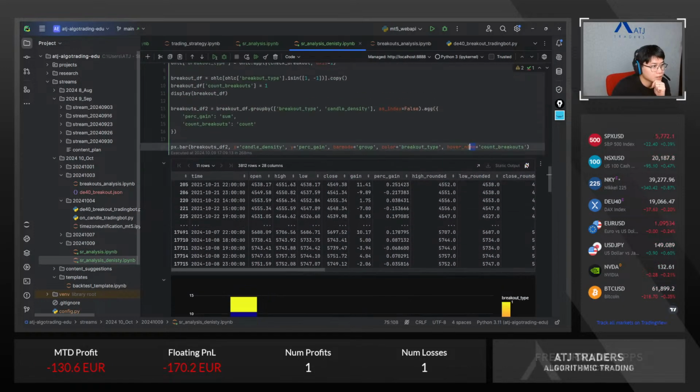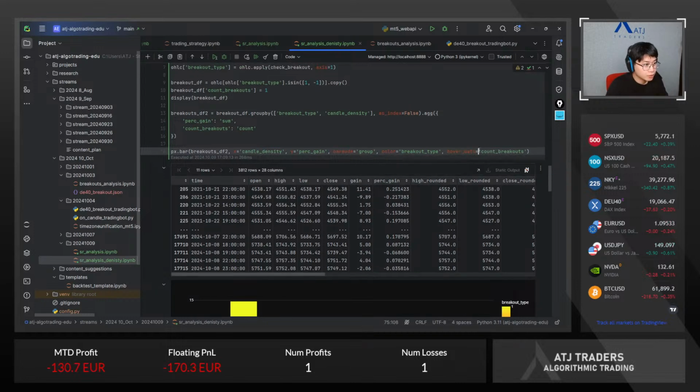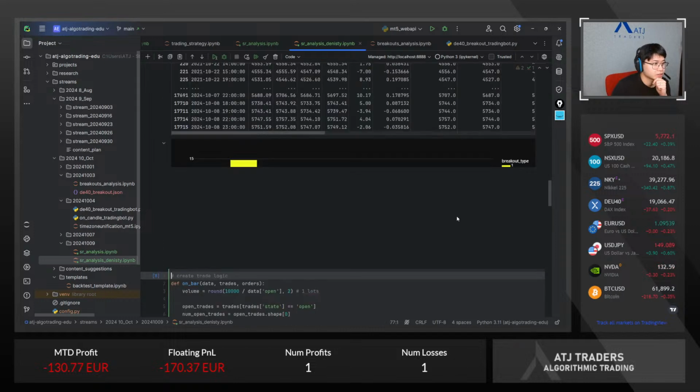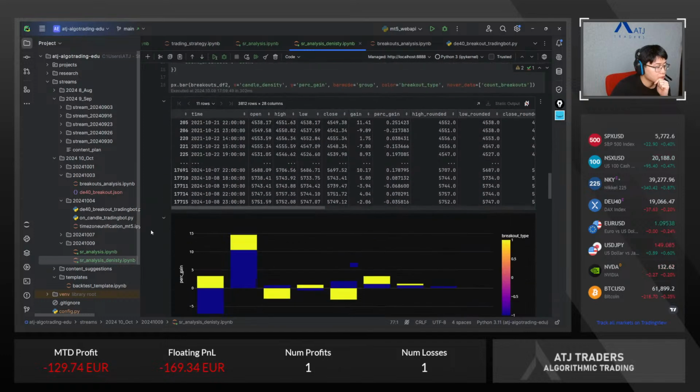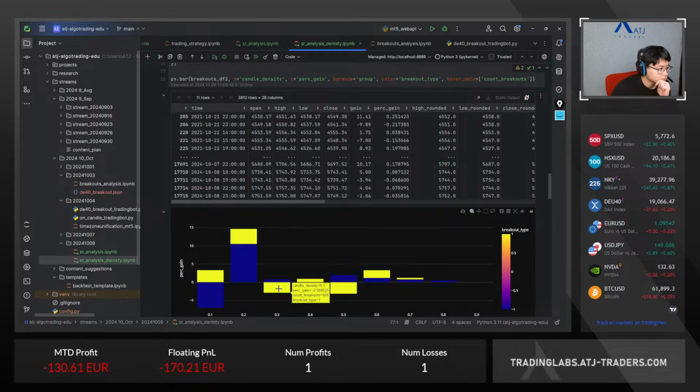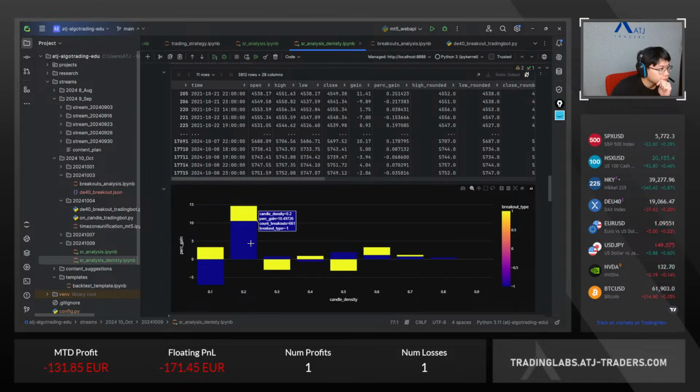Oh, hover data. Oops. Here this shows the hover data. And here we have the number of breakouts: 500 breakouts, 200 breakouts, and 59 breakouts. So that's interesting.